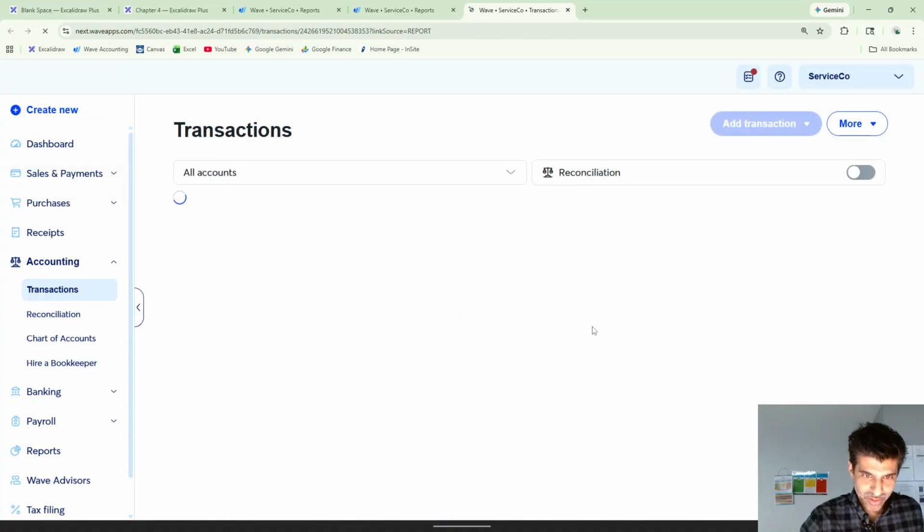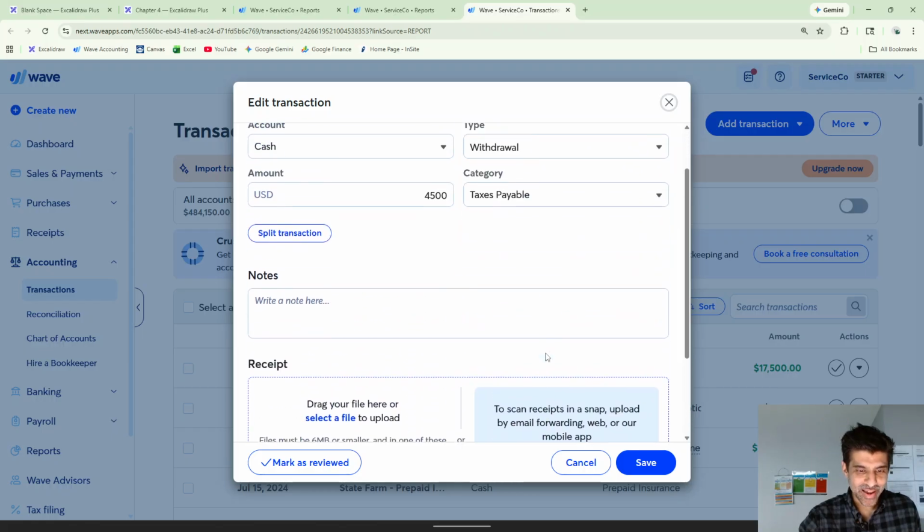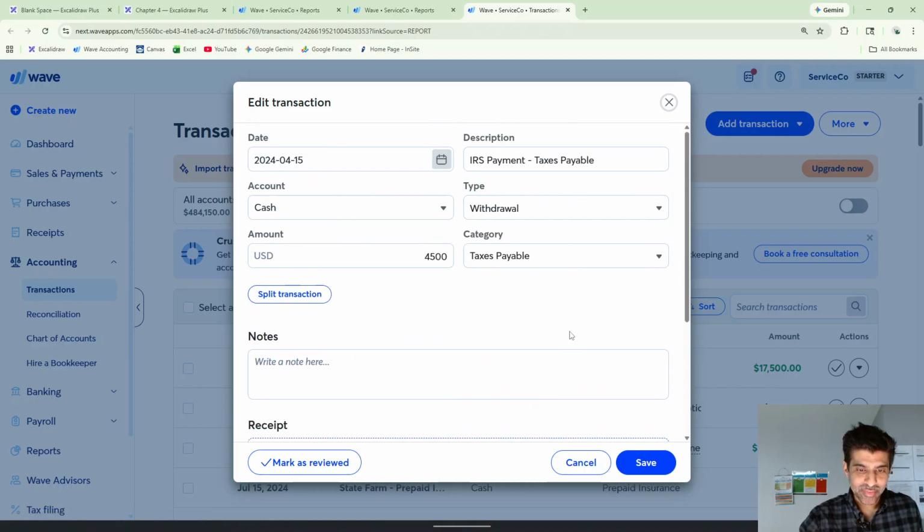I must have done this journal entry wrong. So this is, again, kind of showing why this trial balance is useful. Archives review. 4/15/24.